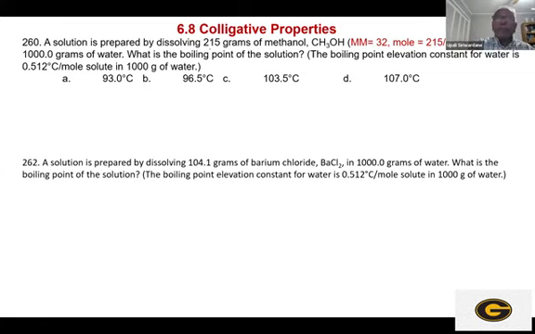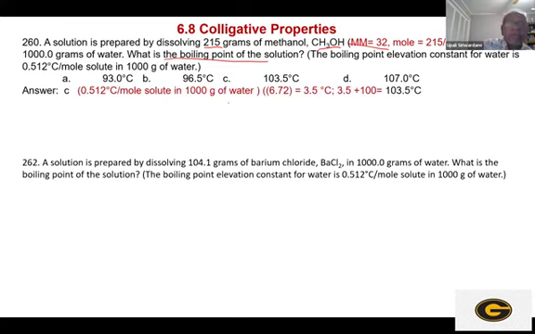When you look at this problem, they ask what is the boiling point of this solution when you dissolve 200 grams. Molar mass is given for the methanol, CH3OH. There's a number of moles.